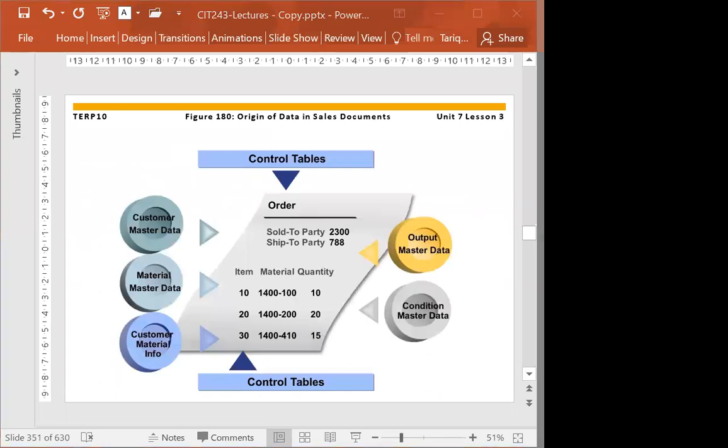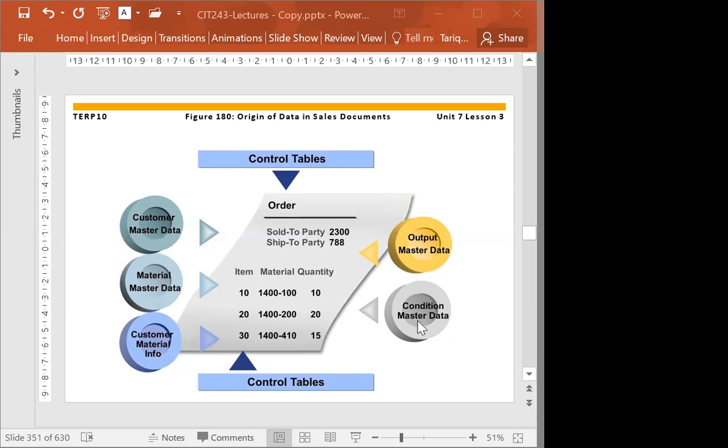So we finished our organizational data, and now we are coming to the master data. Guys, in sales we have customer master data, material master data, and then we have customer material info master data.